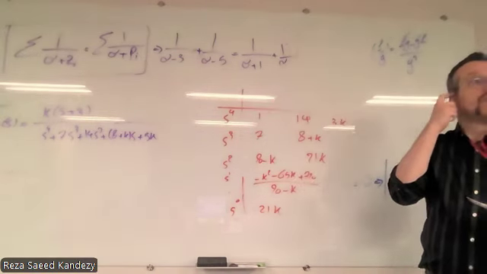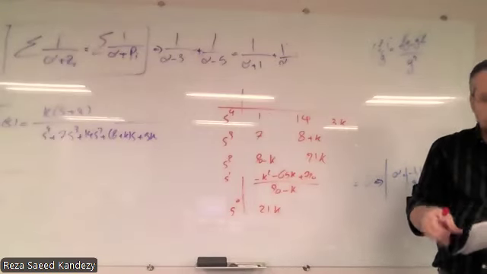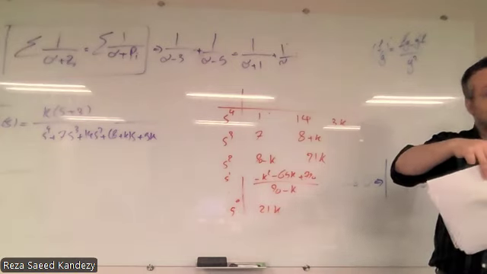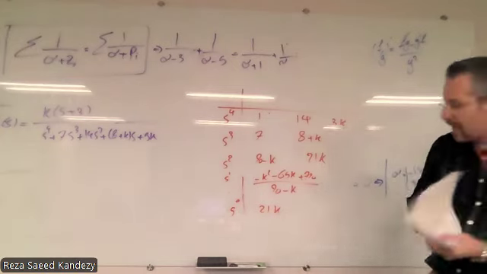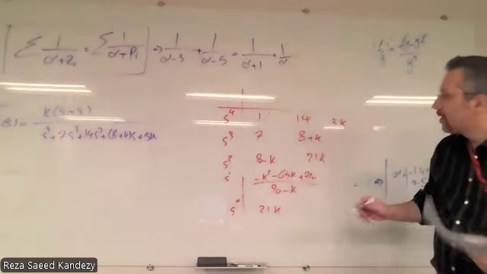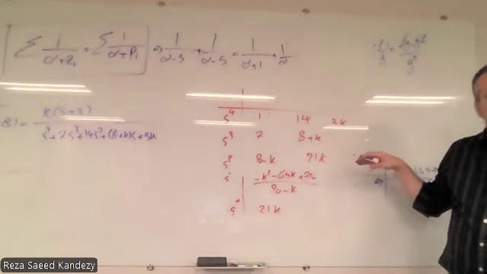Now, if we want to find the k that would cause the trajectory to cross the zero line, the imaginary line, we have to find a row that we can make the whole row equal to 0.